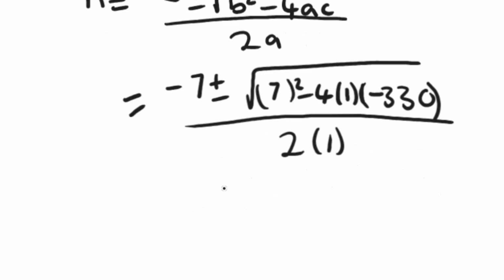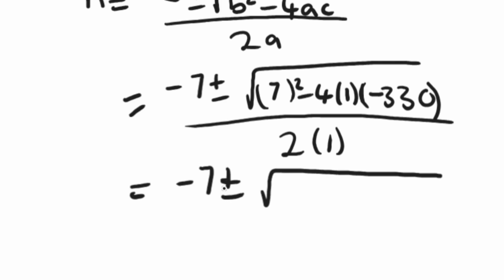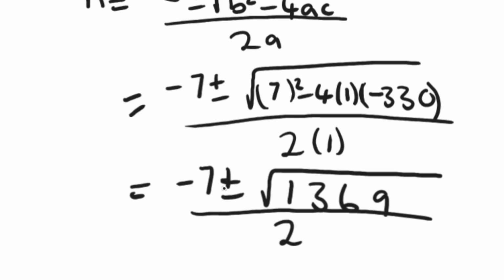Okay, and then from here we say this answer is going to be minus 7 plus or minus the square root of this value, which is 1369. So we plug 1369 there, and then we divide everything by 2a, that is just 1. We are fine.